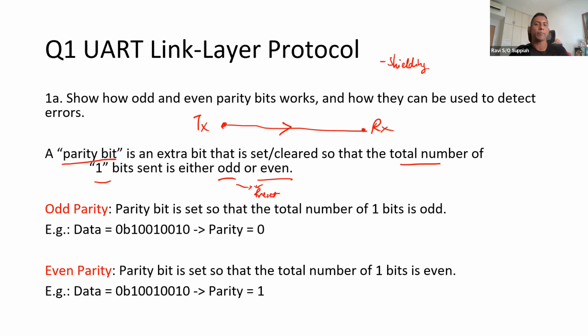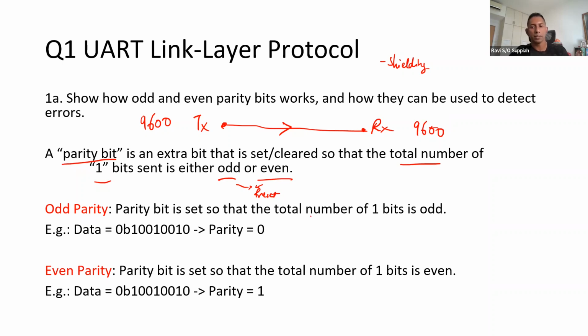It's just like when I preset that I want to transmit at 9600 bps, then the receiver must also be 9600 bps. Similarly, the odd or even parity configuration must also be agreed earlier on, and both transmitter and receiver must already have the same setting.